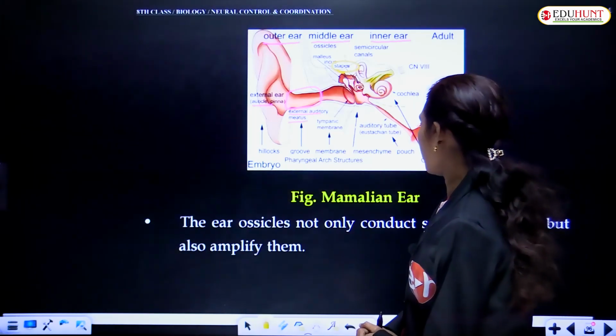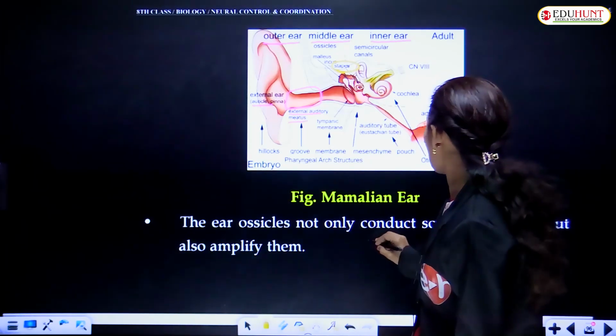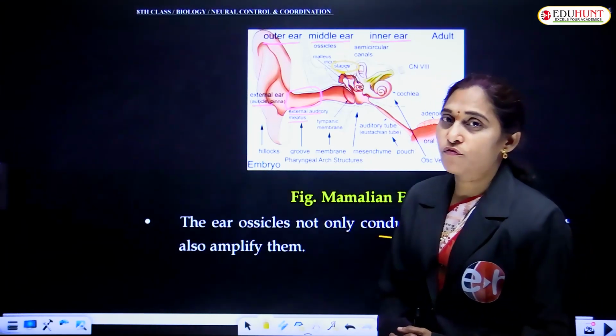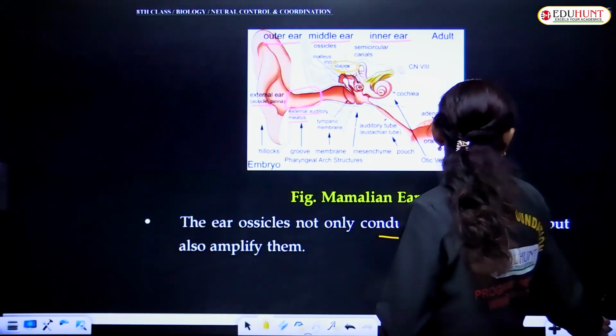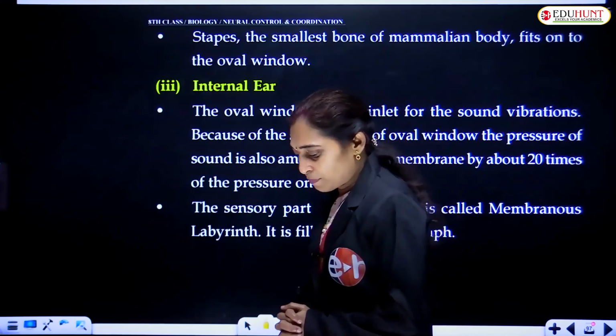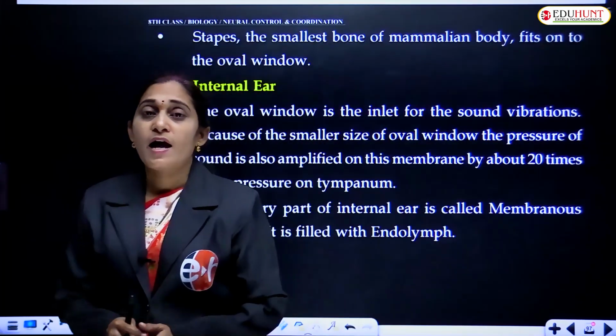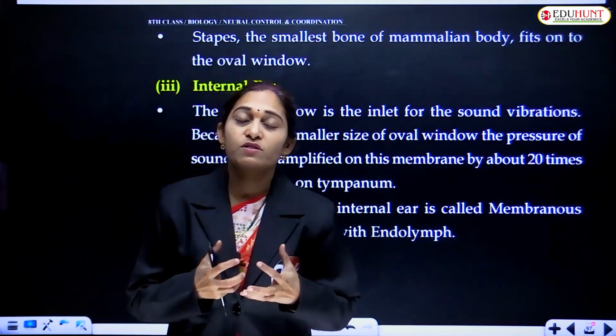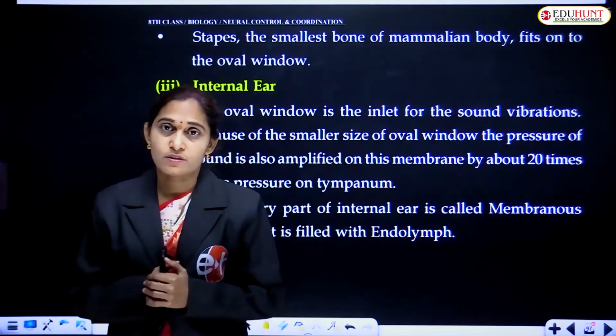The ear ossicles do not only conduct the sound vibrations, they are especially meant for amplification of the sound vibrations.